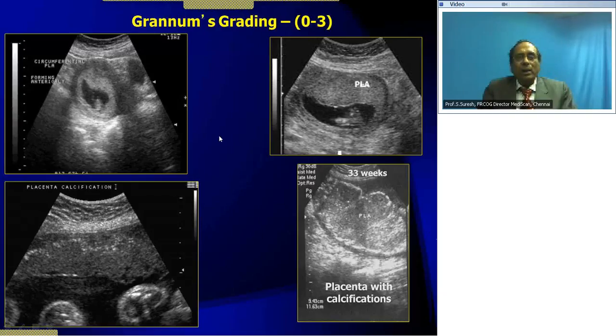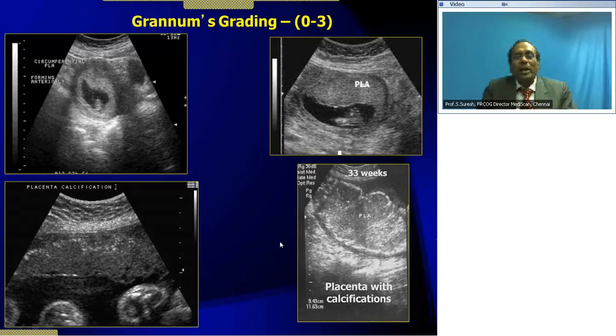But it was originally assigned to identify the maturity of the baby, lung maturity of the baby. But today we know that the grading does not correlate with the lung maturity. You can have a term placenta which is not calcified. The baby's lungs can be mature, and you can have an early calcification, the hypermature placenta, where the baby is having growth restriction.